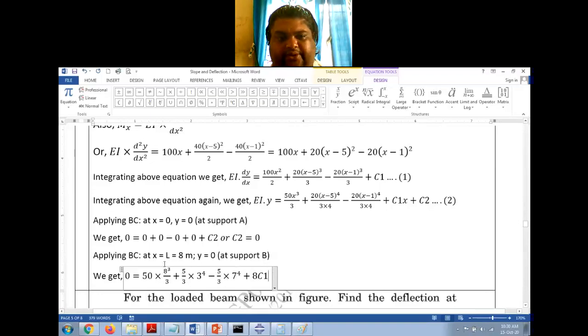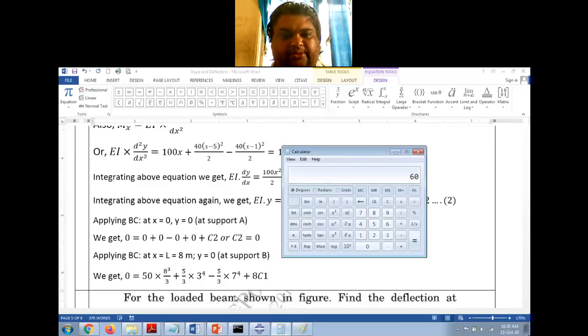Now you have to solve this. Just find this value, take on the other side, and then divide by 8. Let me just do this. 50 into 8 cube by 3 plus 5 into 3 raised to 4. I made a mistake there.